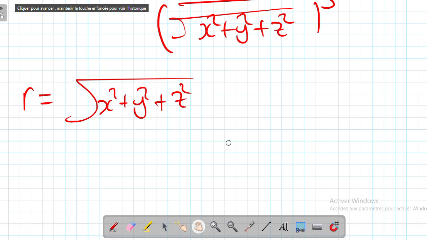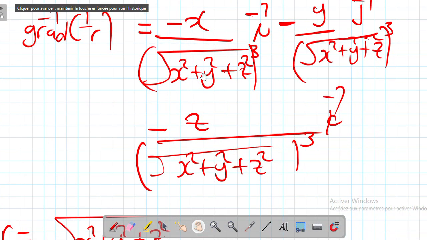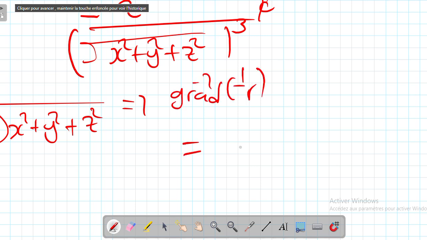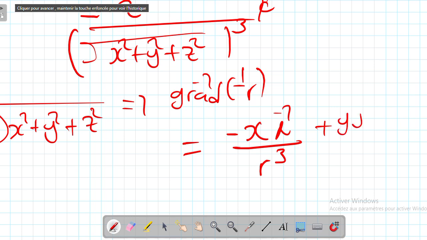Here you notice that this is r, and this is r. When you replace, you're going to have gradient of 1 over r. From your expressions, you have r to the power 3. So you will have negative x in the direction of i over r to the power 3, plus y j over r to the power 3, then plus z in the direction of k over r to the power 3. So they were negatives.